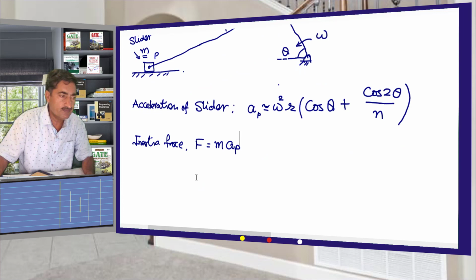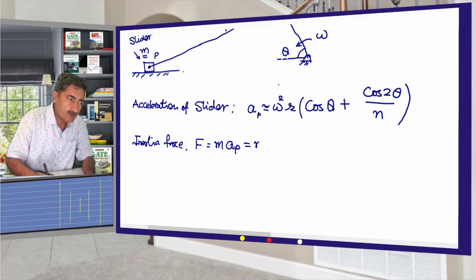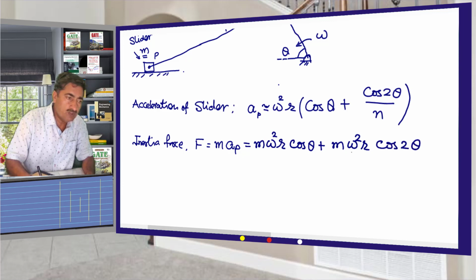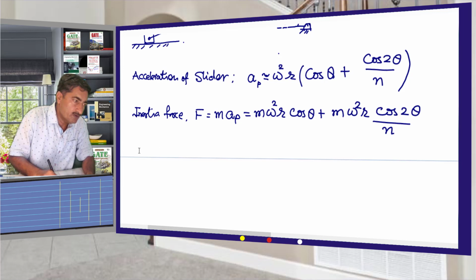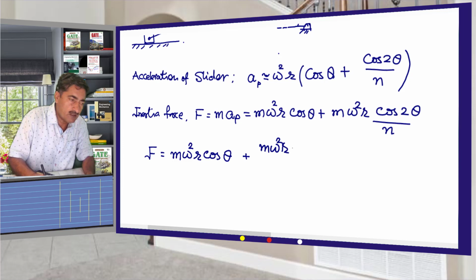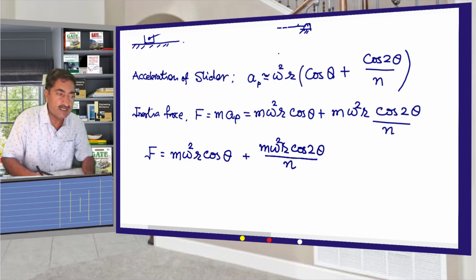Then the inertia force F equal to m omega square r cos theta plus m omega square r cos 2 theta by n.